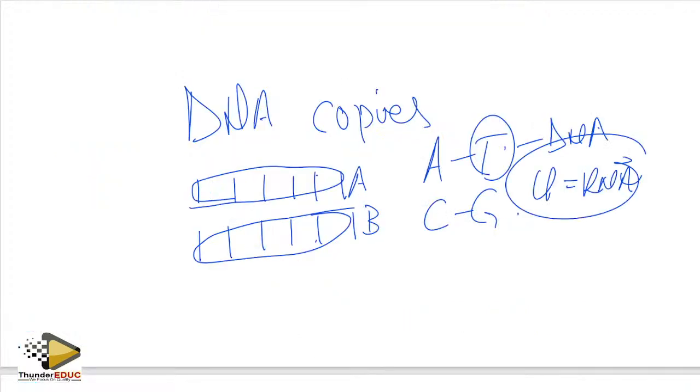Why? The reason why DNA replication occurs, look, you have a cell. You have cell A, and this cell A has two chromosomes. Before the cell divides, it has this DNA.